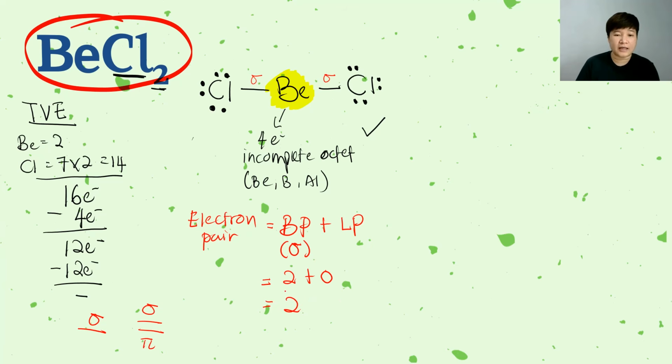And based on your electron pair being 2, you know that your basic molecular geometry will be linear. So since your basic molecular geometry is linear, then we need to draw this again and make sure they are in the shape of linear.